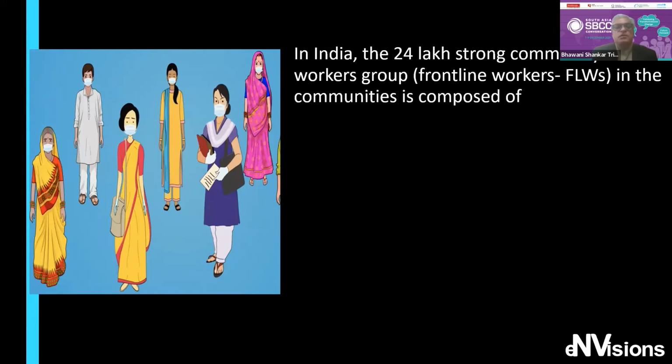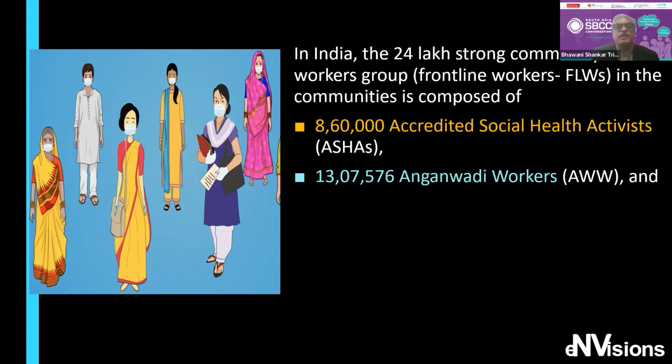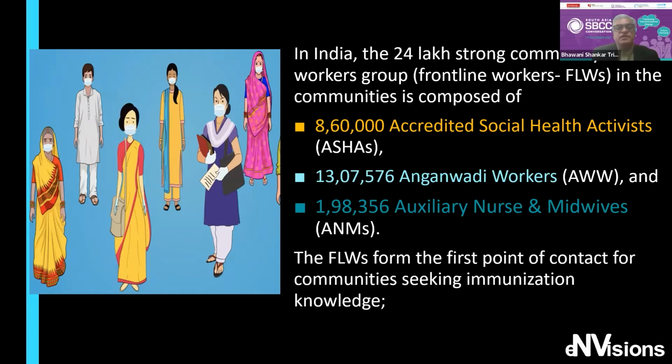The total number of community health workers, comprising 3 different categories, is about 224 lakh. That's about 860,000 accredited social health activists, the ASHAs, close to about 13 lakh Anganwadi workers, and the remaining 1,98,000, or close to 2 lakh, ANMs, auxiliary nurse midwives. Together, they serve as the first point of contact for communities.